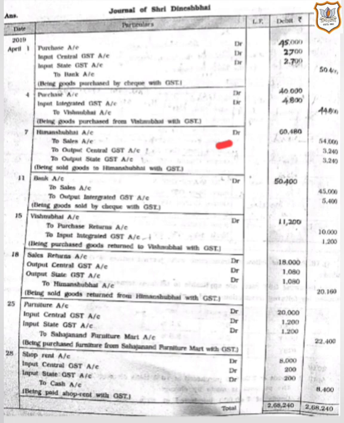So output CGST account will be credited by rupees 3,240 and output SGST account will be credited by rupees 3,240. This time output CGST and SGST will be credited because this is a liability for the business, as our business is liable to pay this amount to the government.